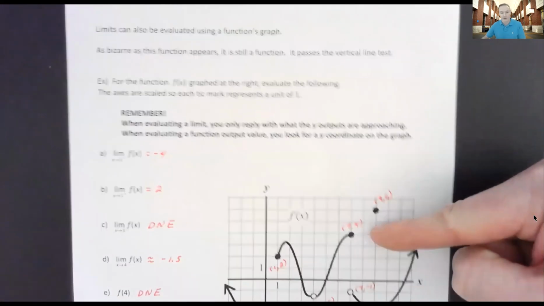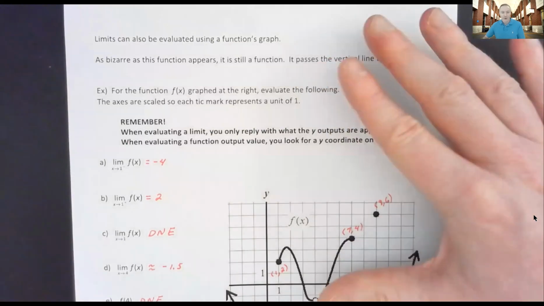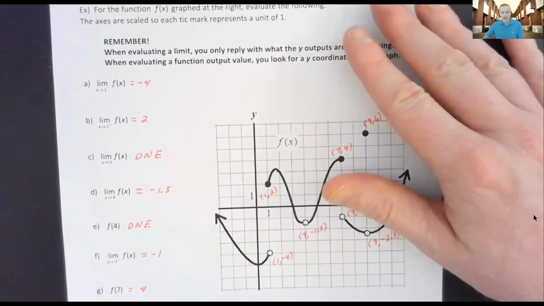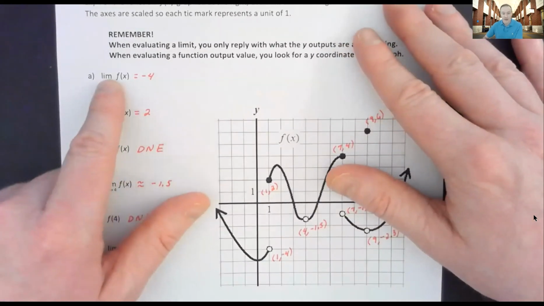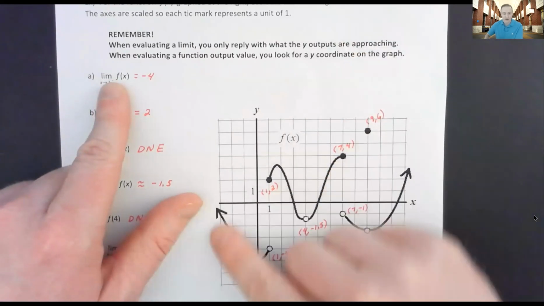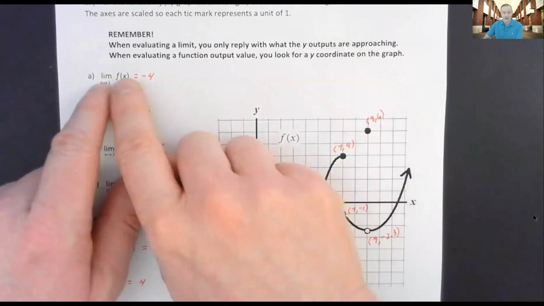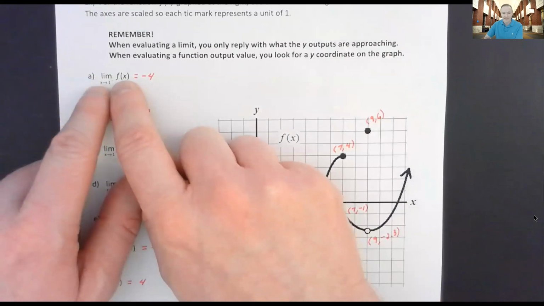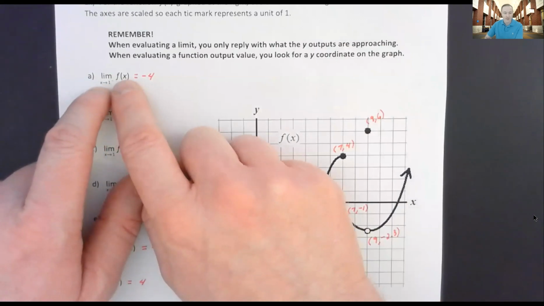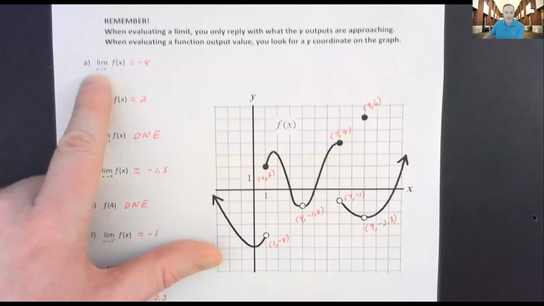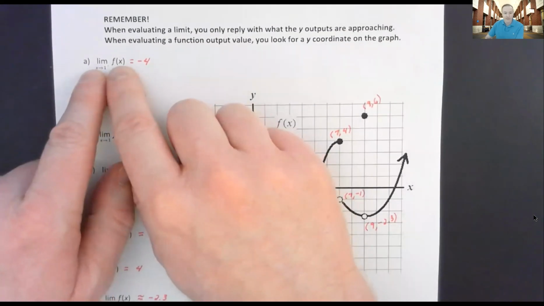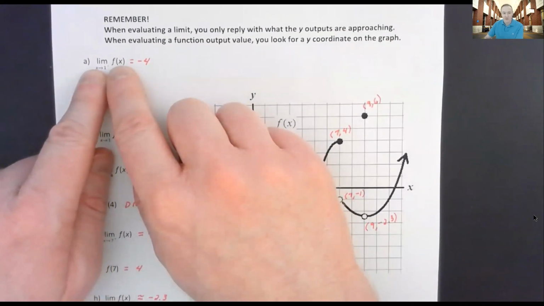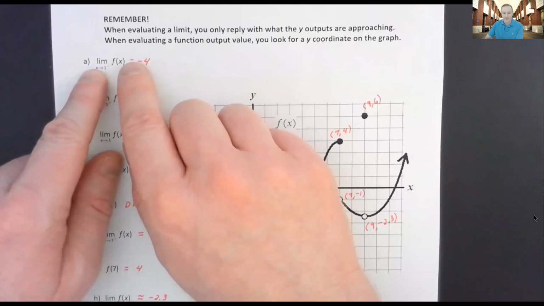That's what I'm trying to do with you on this page. Whenever we're doing something like this, we should be able to answer the questions just by looking at what's happening on the graph. This first one here, and again, the type font is not as large as I would like it to be, is saying the limit as x approaches 1 from the left of f of x.